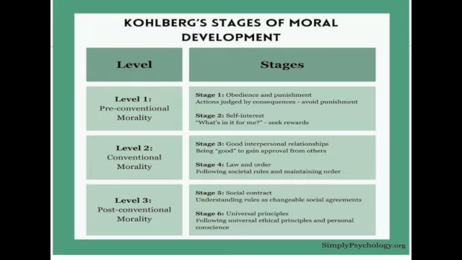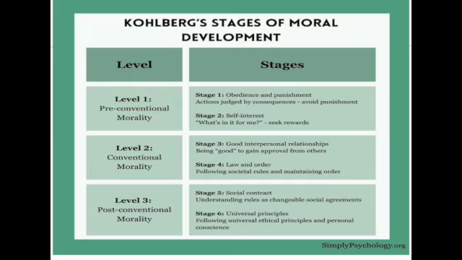So now we have another theory. This is Kohlberg's stages of moral development. In level 1, it is pre-conventional morality. In stage 1, you have obedience and punishment, and you want to avoid punishment. In stage 2, it is self-interest, so you seek rewards. And level 2 is conventional morality.